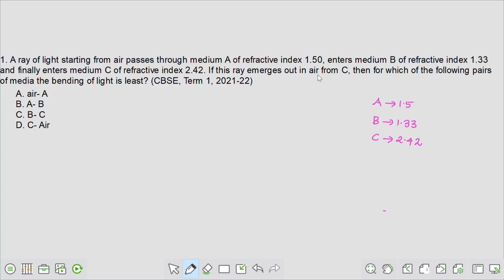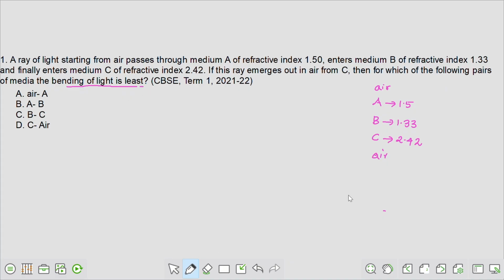If this ray emerges out in air from C, it is coming back to air. So it started from air and is going back to air. Then for which of the following pairs of media is the bending of light least?